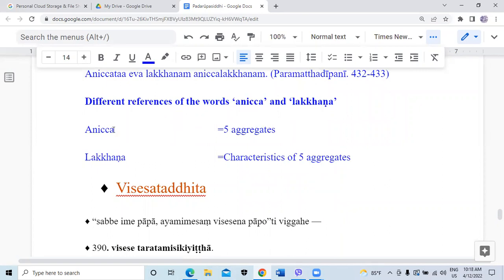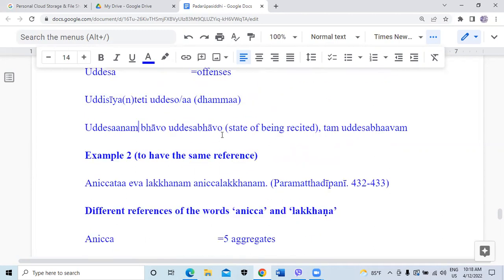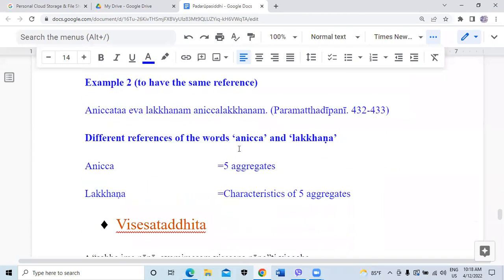Okay, we translate. What is impermanent? The five aggregates. So we make Vigha: aniccata eva lakkhana, anicca lakkhana. So this is a compound, anicca lakkhana. We can say Kammadharaya.